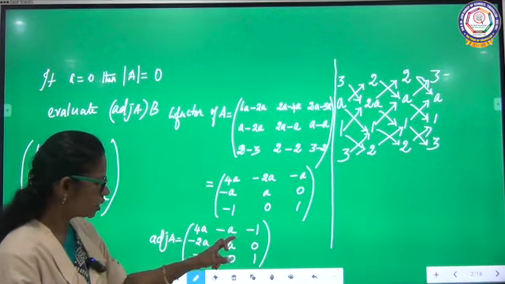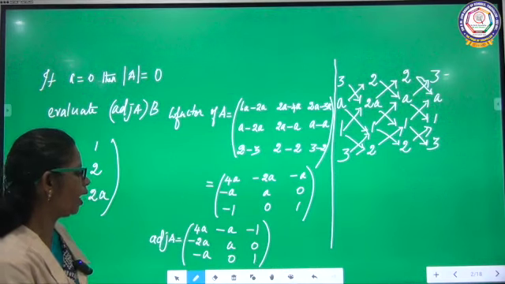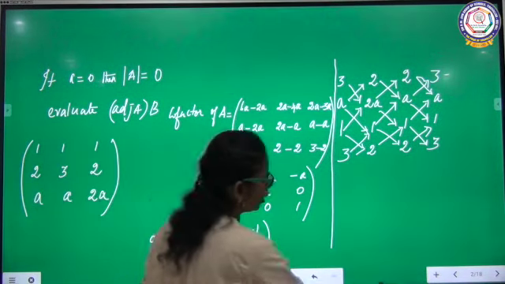What I wrote in the first row, 4A minus 1.